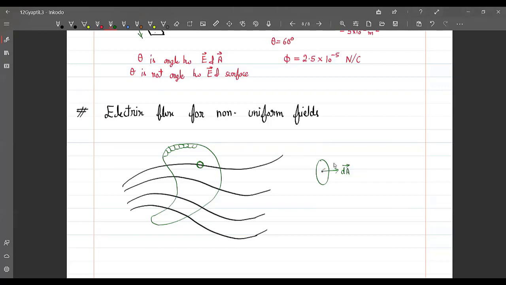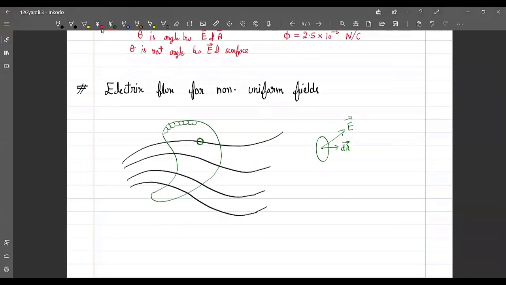And let us say electric field through this small area is E vector at that point. So I can calculate the flux through this small region. The flux through this small region can be simply written as d phi. That will be E vector dot dA vector.